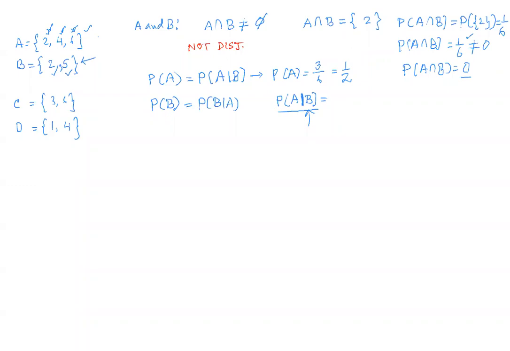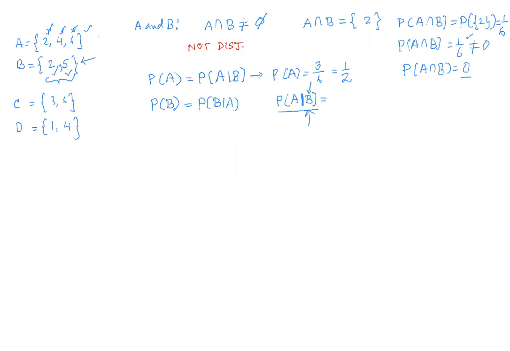Is everybody okay with me on this? Yes. Everyone, do you understand what I'm saying here? We know for sure that B has happened. This is given. But if B has happened, we know for sure that the outcome is either what? 2 or 5.